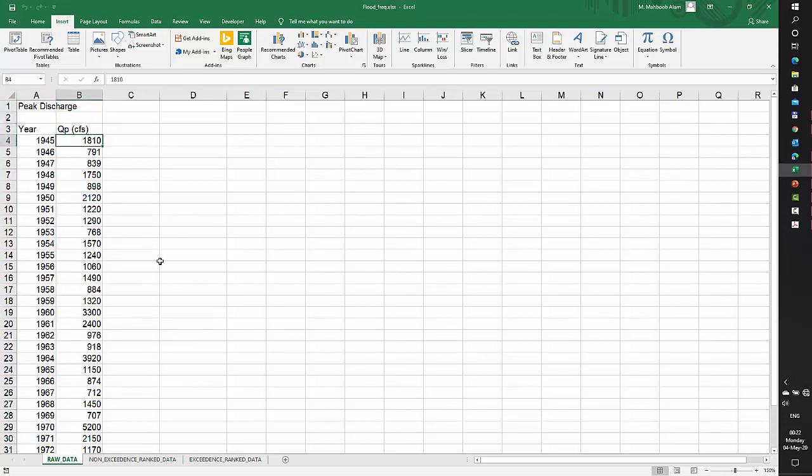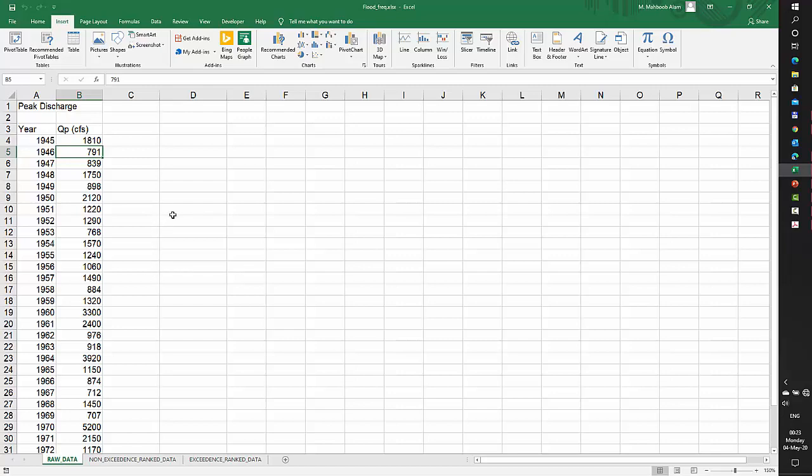You have almost 30 years of yearly maximum discharge that is occurring. So data is annual maximum discharge or peak discharge. So basically in 1945 the maximum discharge that occurred at a certain location in a certain river is 1810. In 1946 it was 791, and so on and so forth. So these are maximum values that occurred in 1 year.